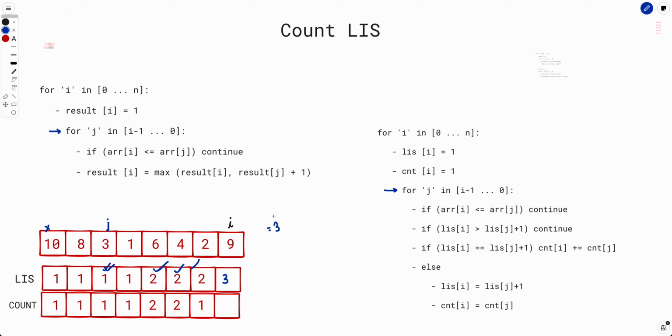Because we already have 3 and 2 is smaller, we will just continue, right? So that's what we are doing. Otherwise, if we get to an element which equals the current LIS value, we will simply sum their counts, right? Otherwise, we will simply overwrite the LIS as well as the count, right?